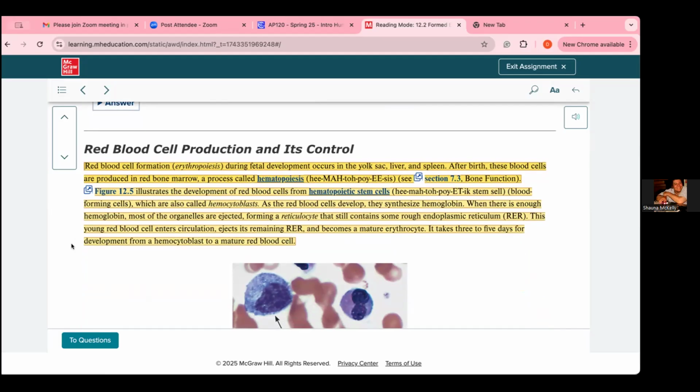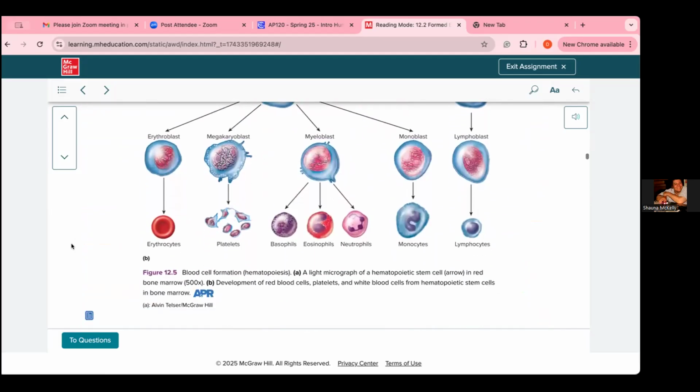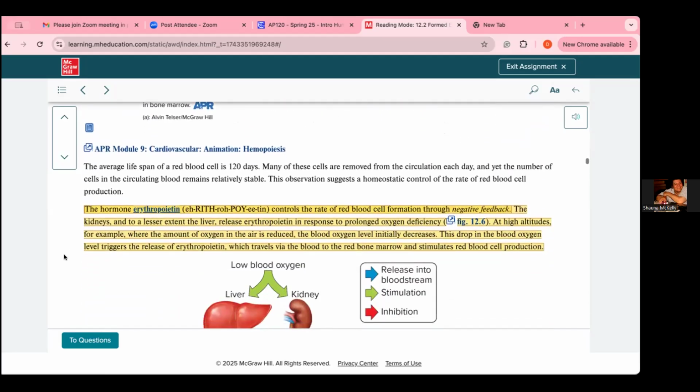We read all that already. Okay, there's your hormone. Erythropoietin, the blue word. That's the word that goes in the box. Erythropoietin.